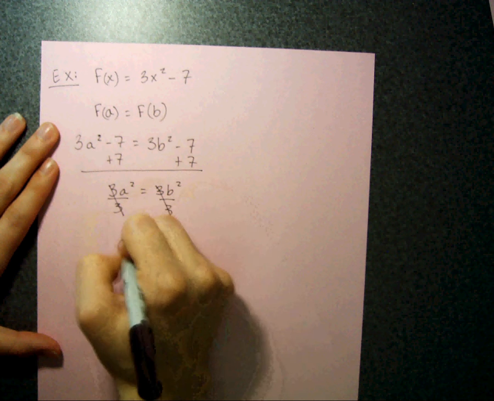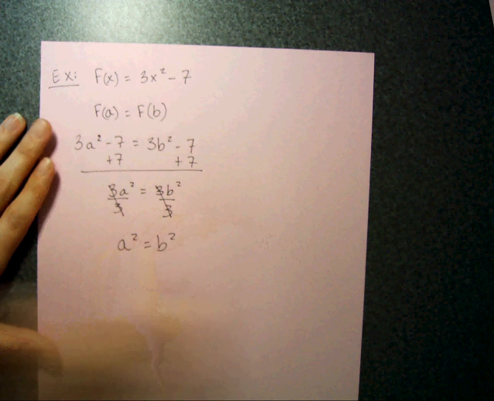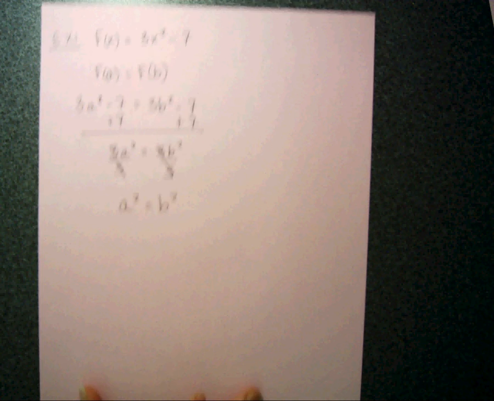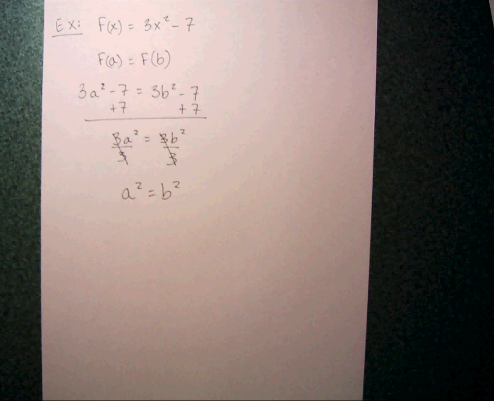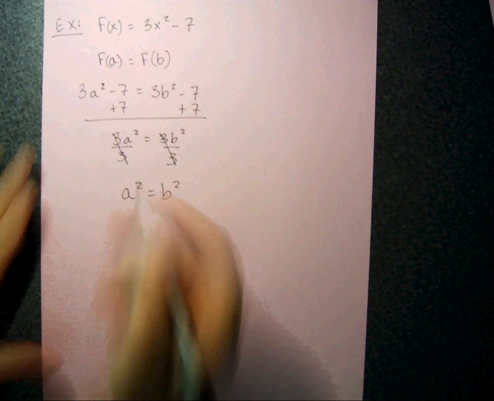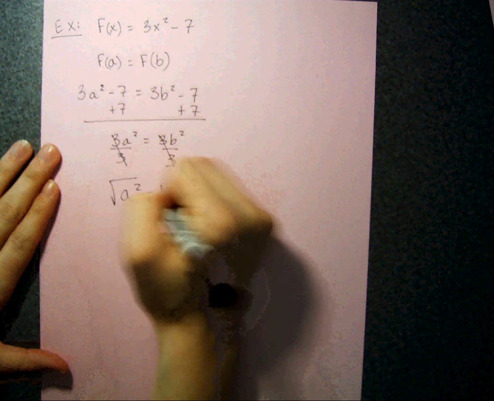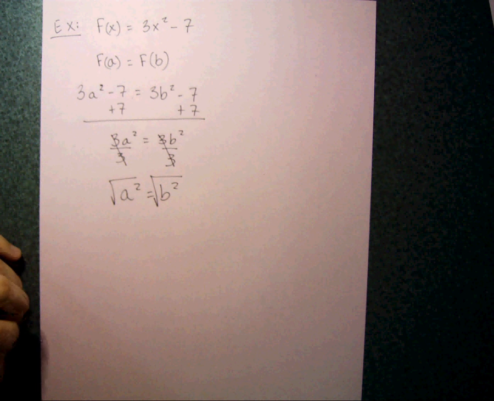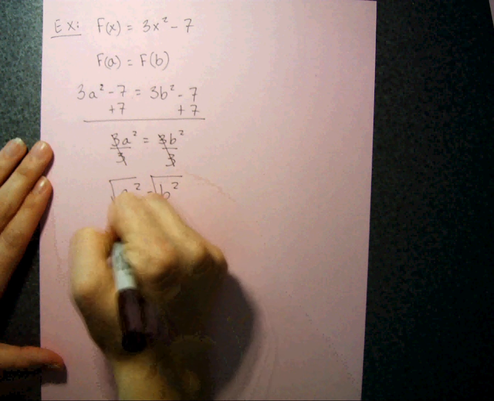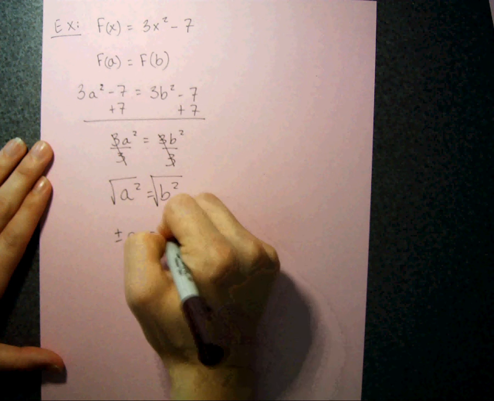I get a squared equals b squared. I need to see if I can get just plain a, just plain b. I have a squared and b squared. What can I do? Take the square root. What happens when I take the square root? What do I have to account for? The plus or minus, right? So I have plus or minus a equals plus or minus b.